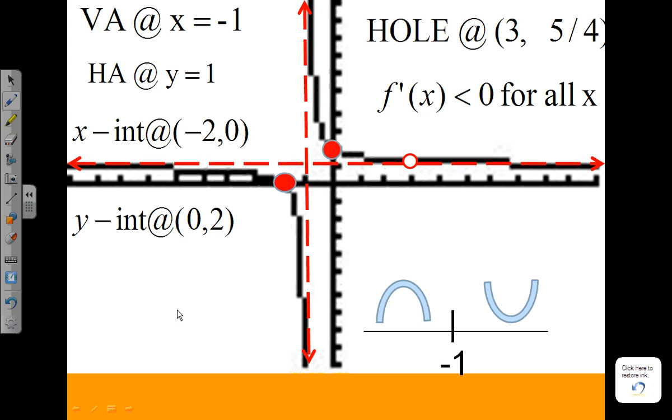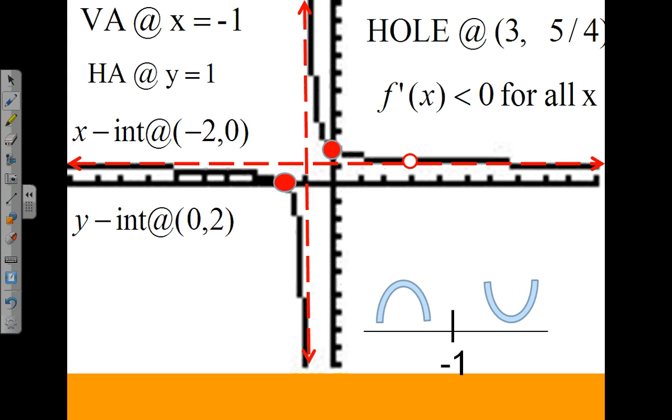And there's our graph. I'll give you a minute to write that down. We have the vertical asymptote, the horizontals, the x-intercept, the y-intercept, the hole in the graph, and it's always decreasing.